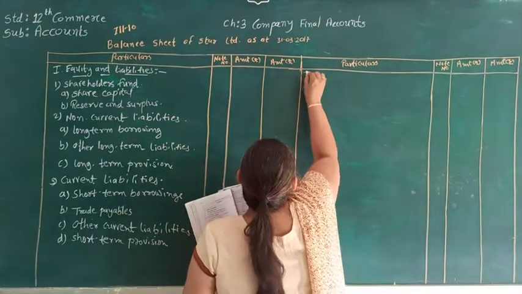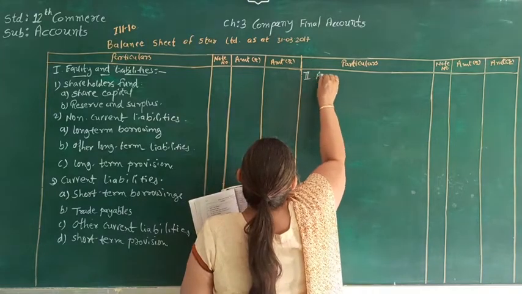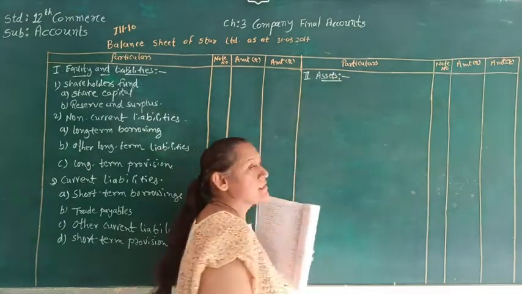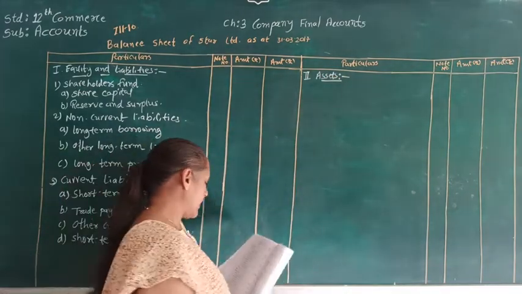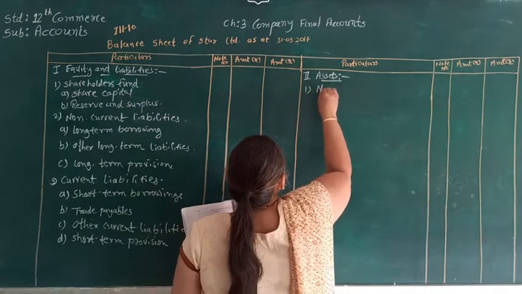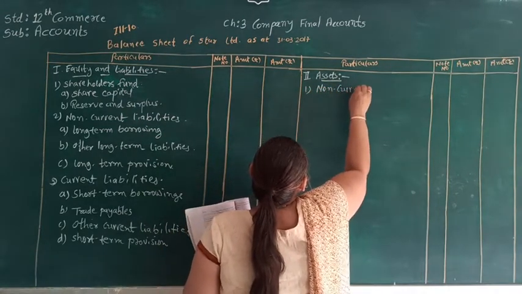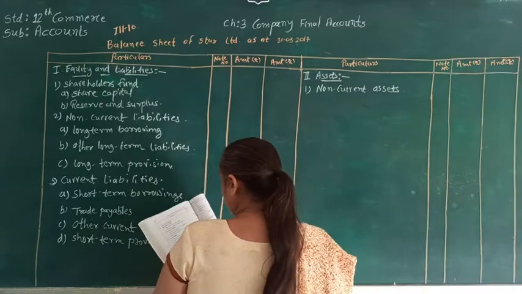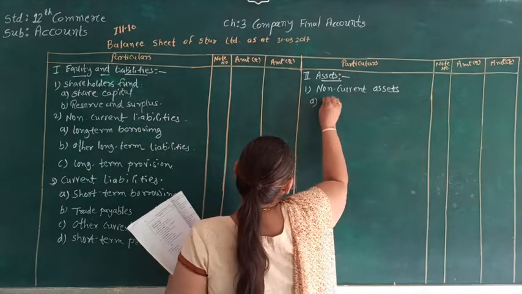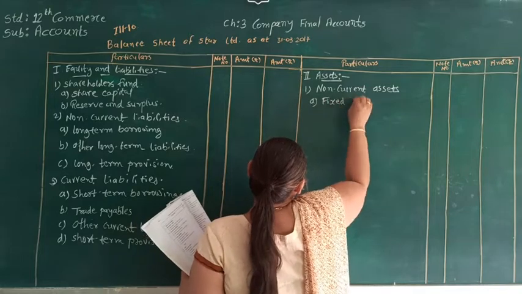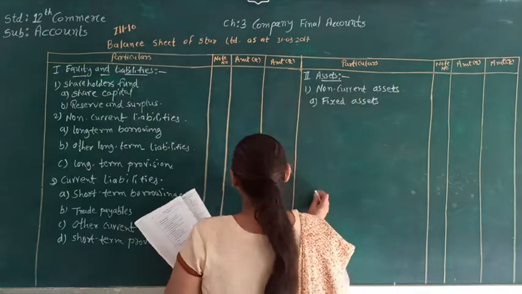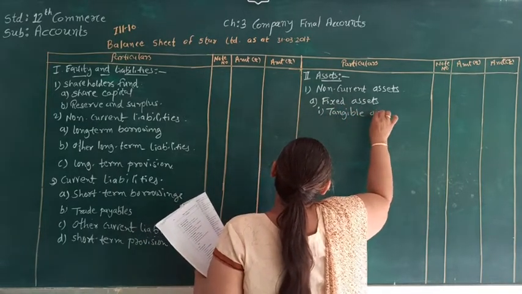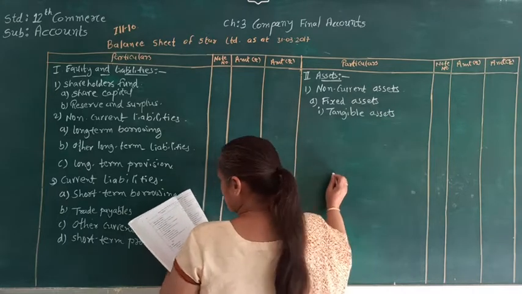So here the second side of the balance sheet is assets, and in that, as we know, very first asset is non-current assets. So we'll write first non-current assets. And in the non-current asset, very first asset is fixed asset. And in a fixed asset, as we know, there is tangible asset as well as intangible asset.